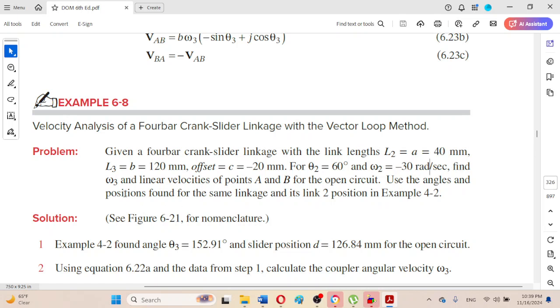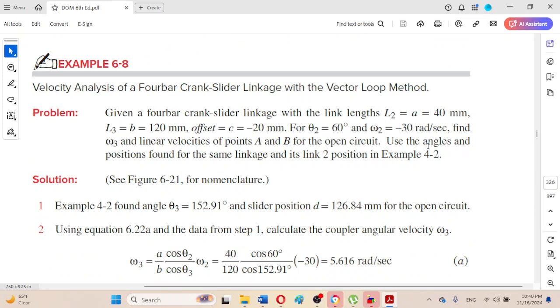So that requires us to find omega 3, meaning the angular velocity of the link which is in complex motion, and the linear velocities of points A and B for the open circuit. That means point A is actually the crank moving revolute and B is actually the slider point where the slider is located.